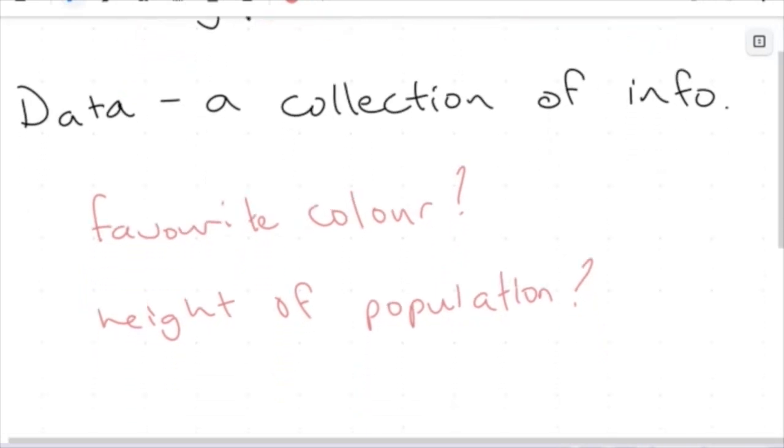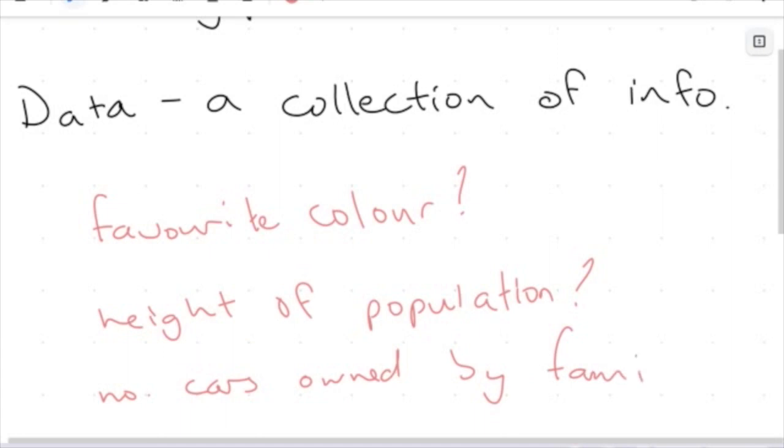Is it information about the number of cars owned by families? What I've stated here are three very different pieces of information, three very different types of data.